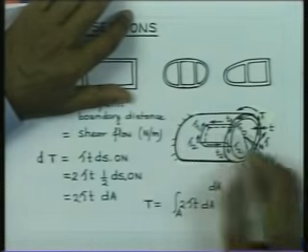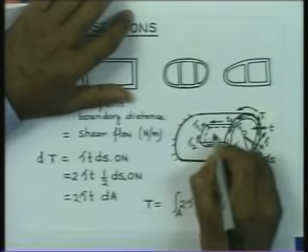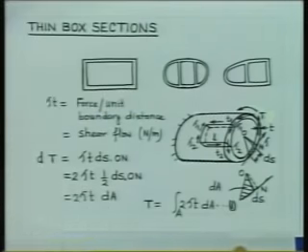So, this element, let us consider that it is of length equal to L. It is oriented in the axial direction, and let us now try to see the net force on this element in the axial direction.